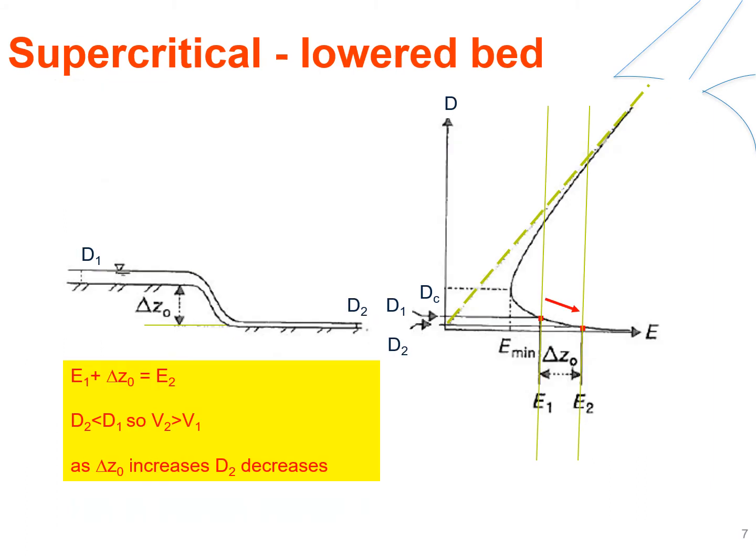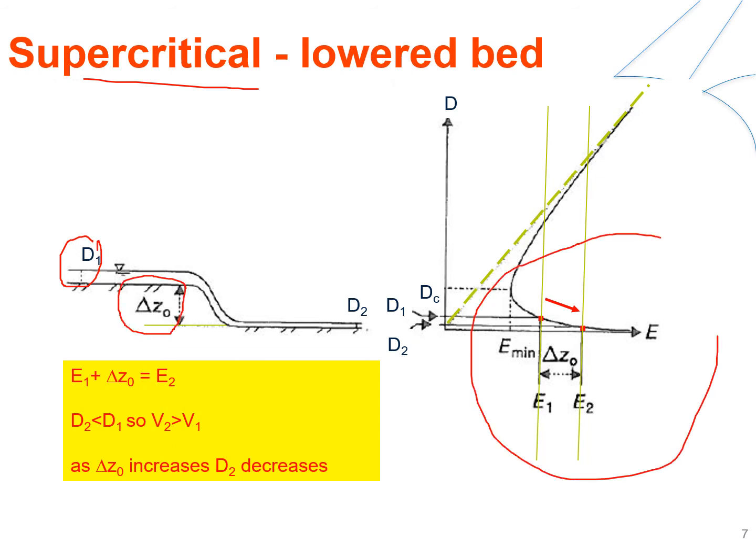What about supercritical flow? The initial depth was d1, you lower the bed by delta z, and if you look at this specific energy diagram, you go from d1 to d2, which means you increase the energy, but at the same time you decrease the depth, right? You increase the velocity, but you decrease the depth.